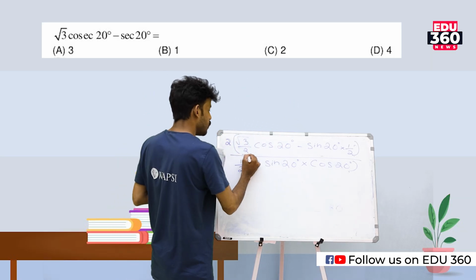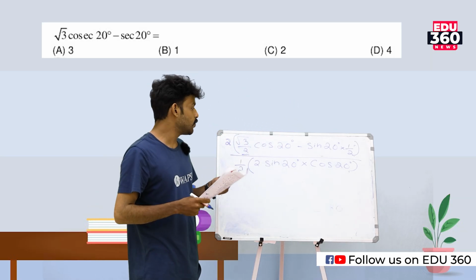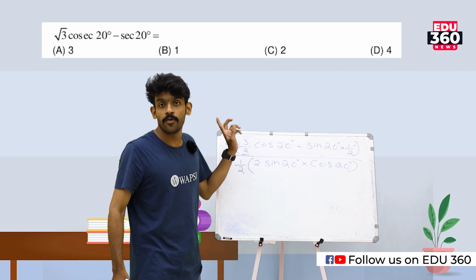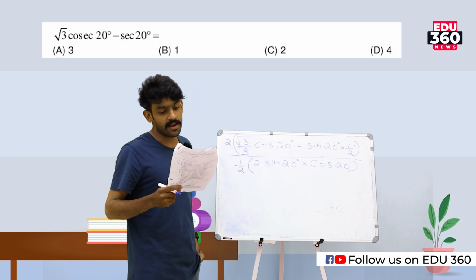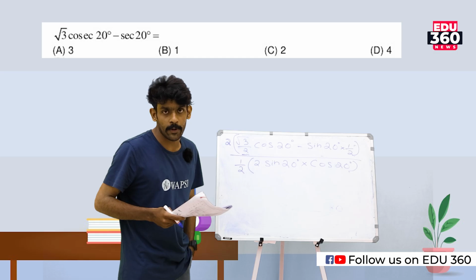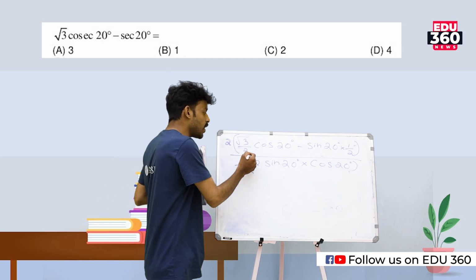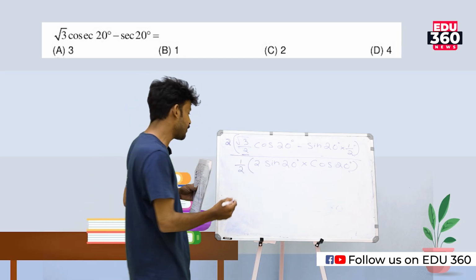So what is root 3 by 2? This is for sine 60, isn't it? Sine 60 degree, the value is root 3 by 2. So instead of root 3 by 2, we can substitute sine 60 degree.